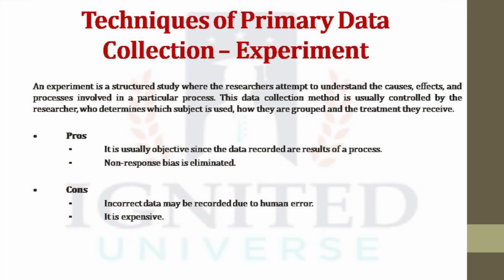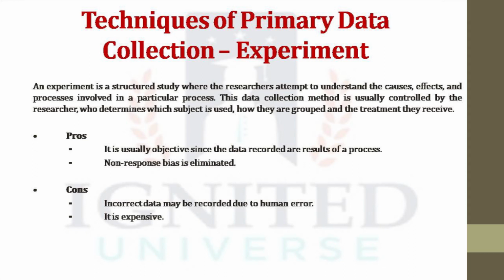Then, in the experiment mode of primary data collection, the researcher attempts to understand the causes, effects, and processes involved in a particular process. An experiment is a structured way of collecting primary data. This data collection method is usually controlled by the researcher, who determines which subject is used, how they are grouped, and the treatment they receive.